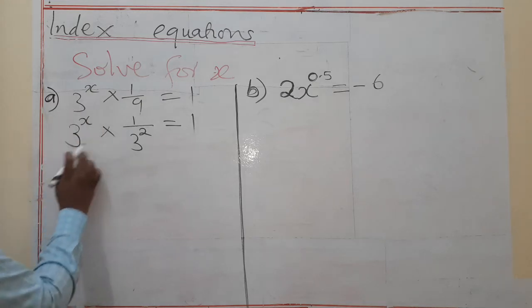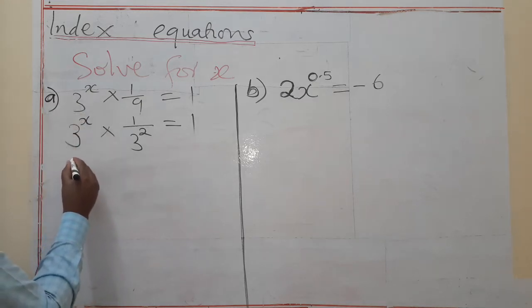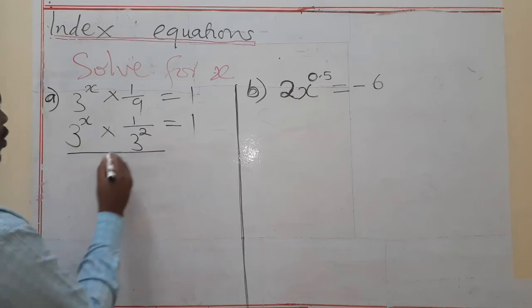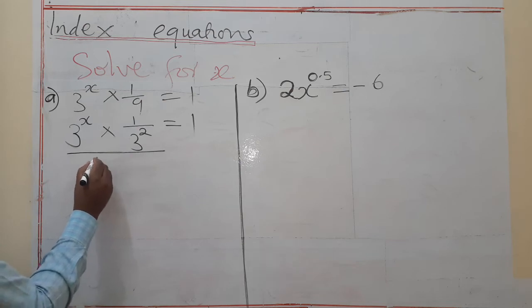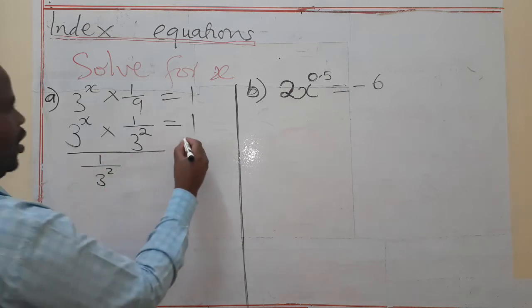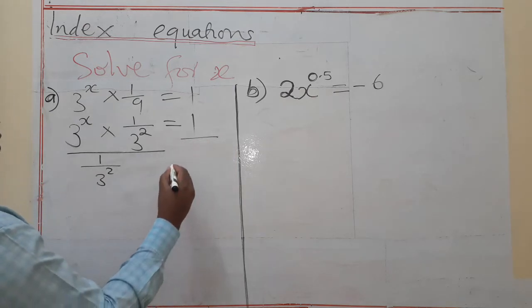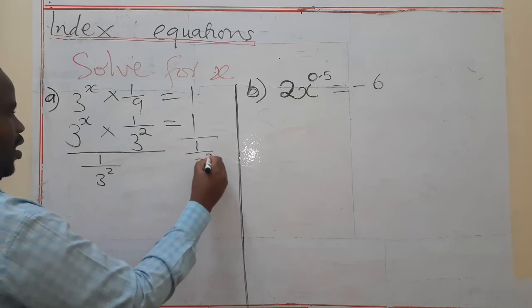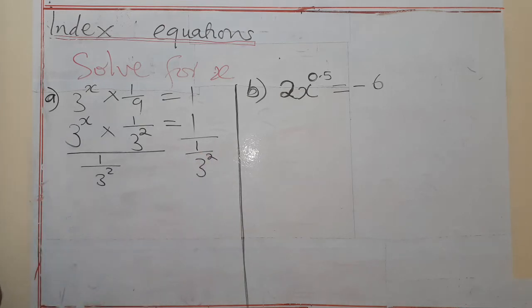Because our interest is this, we can try to divide the whole lot by 1 divided by 3 to the power 2, on both sides.